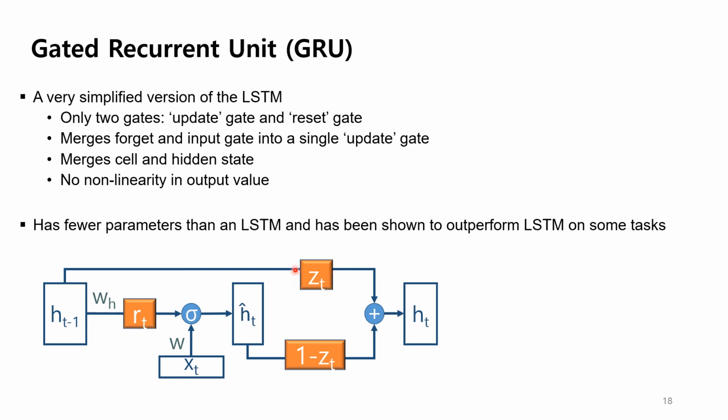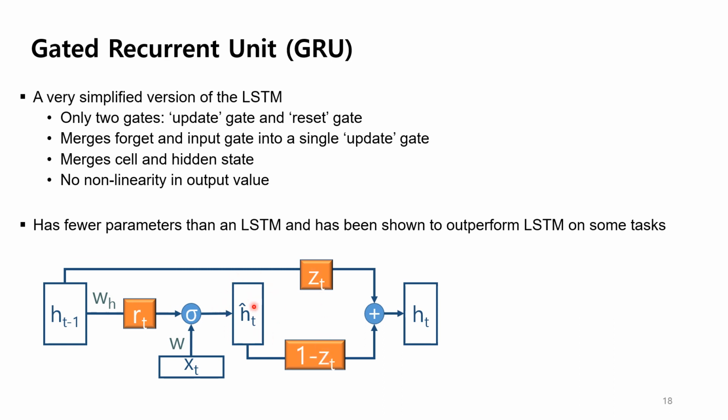It depends on the value of this update gate z. If this value is 0, you ignore the previous value, and 0 means you use the new candidate.